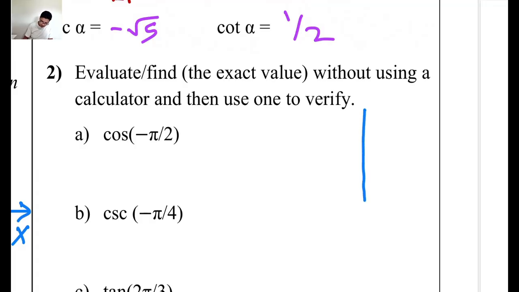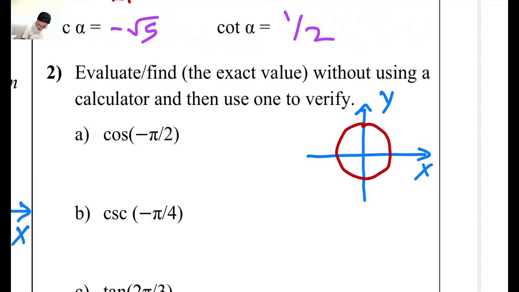So what you do? Take the unit circle. In the unit circle, look at the angle we are talking about. Negative pi over 2 is going clockwise. So we are talking about the point 0, negative 1. And cos is the x coordinate.